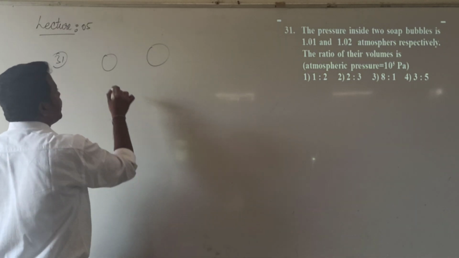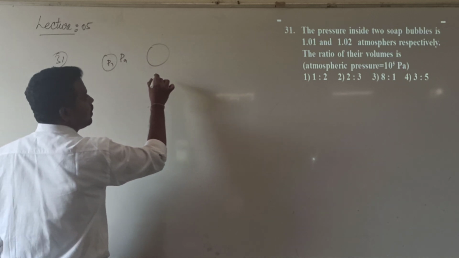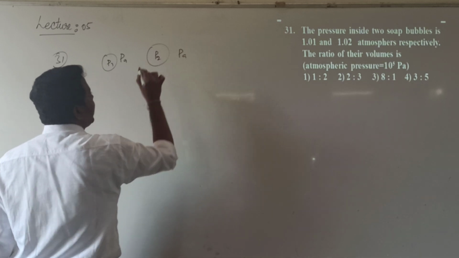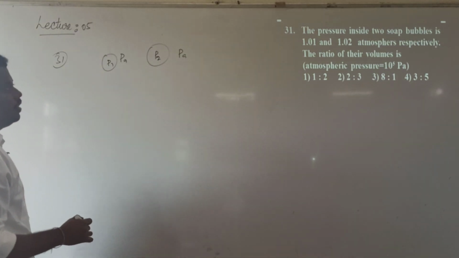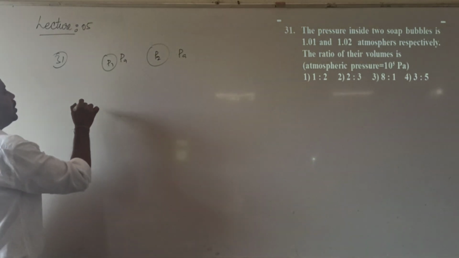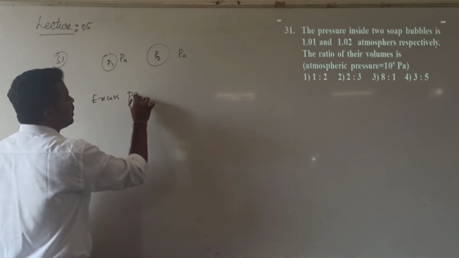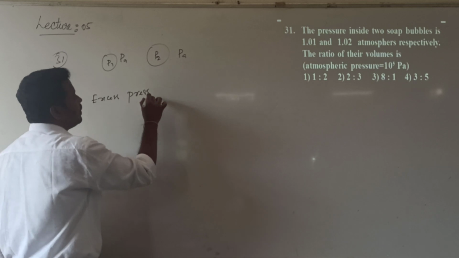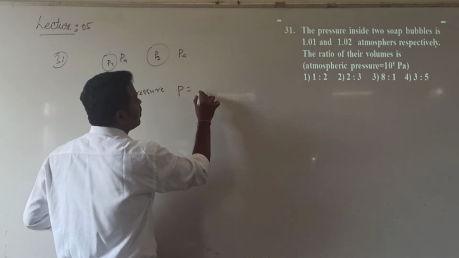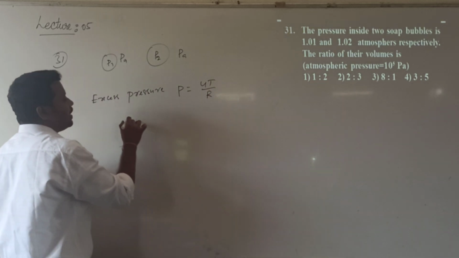For the first soap bubble, the atmospheric pressure is Pa and the pressure inside I call P1. For the second, the atmospheric pressure is Pa and the pressure inside is P2. They are asking us to calculate the ratio of their volumes. We know the excess pressure inside a soap bubble is P equal to 4T by R, where R is the radius.